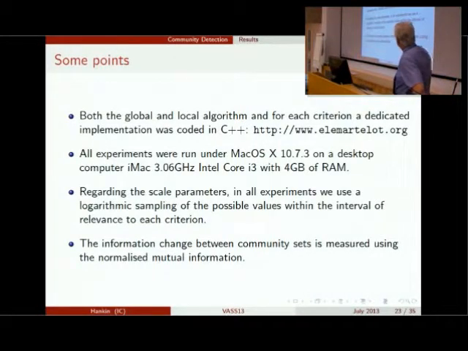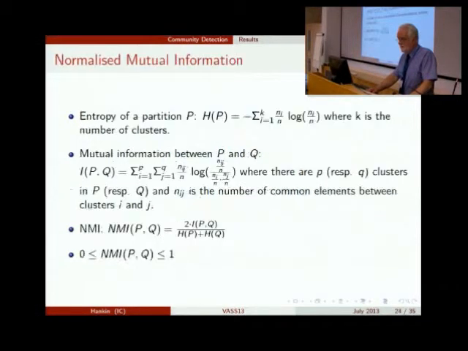To look at how the information is changing between successive iterations, we use a measure called normalized mutual information, which is a way of measuring the progress of the refinement of communities resulting from the algorithms.